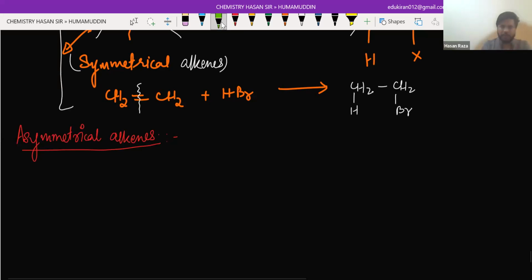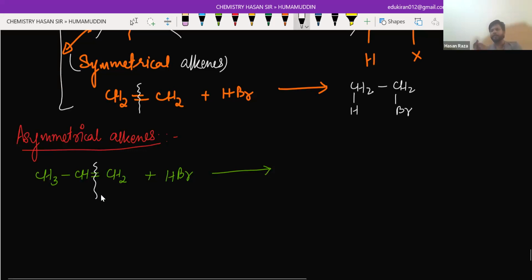The first one is if you have an asymmetrical alkene CH3, CH2, double bond CH2, and you add HX or HBr, let's say, like this. If you break the bond from here, the right-hand side will not be equal to the left-hand side, and hence it is an asymmetrical alkene.